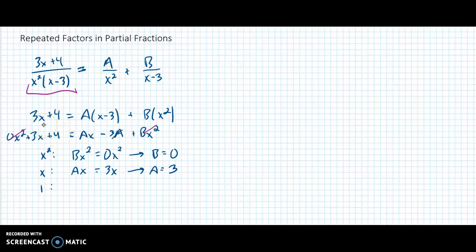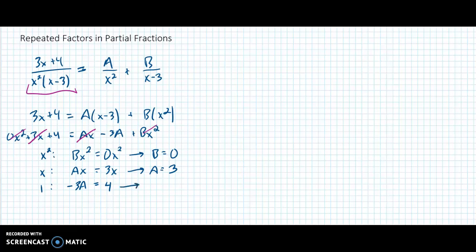No problems yet. But wait till we do the next. I did that, and that. So you should see there that the only pieces remaining are that minus 3 and that 4. So when I do my 1 term, I get minus 3a is equal to 4.